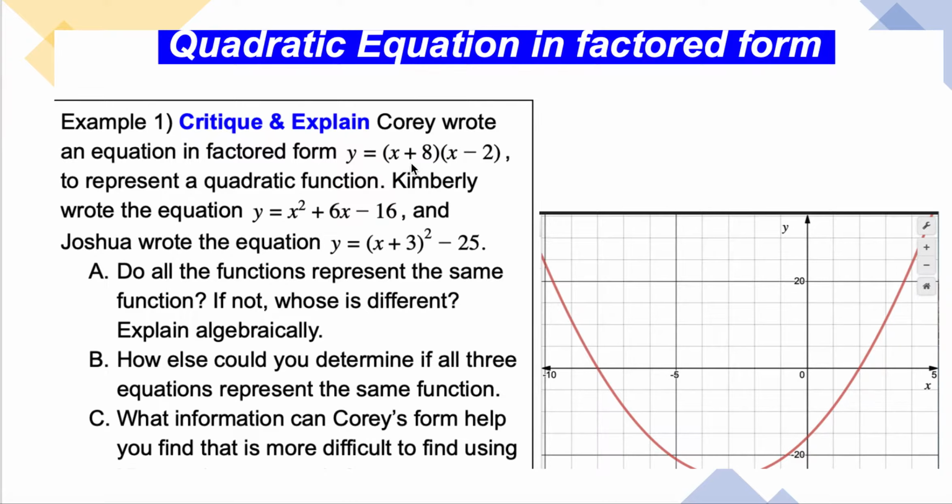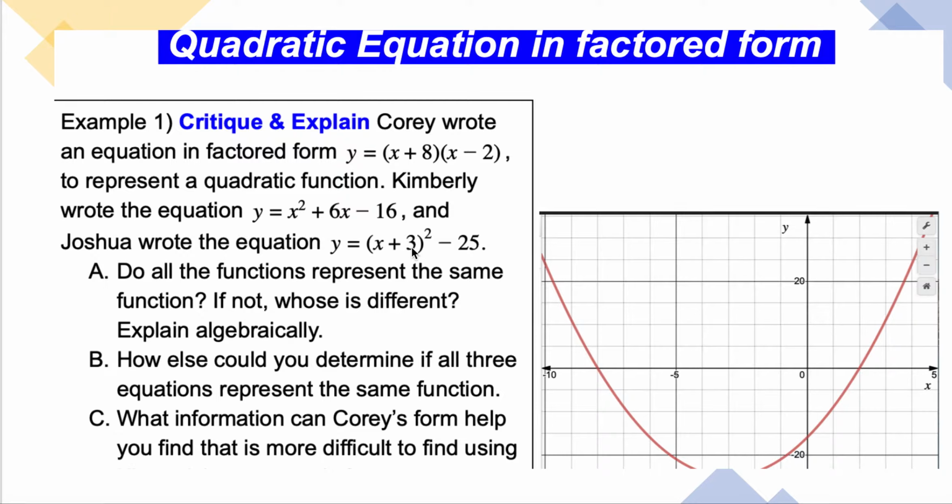But now, if we want to prove algebraically that all three equations are the same, then we have to expand Corey's equation into standard form, multiplying the first binomial by the second binomial, and for sure we are going to arrive at this equation.